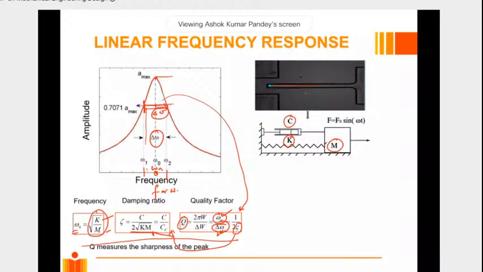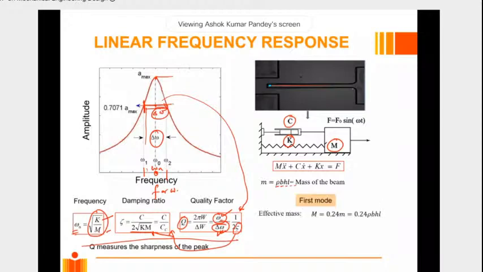To do that, let us say M is your total mass, rho BHL, but we know that not the whole mass is oscillating in the first mode, right? So corresponding to that, as I said, your effective mass is simply 0.24 times the total mass of the beam. Okay, it is not complete. So the M that you are going to use here should be around 0.24 times that.